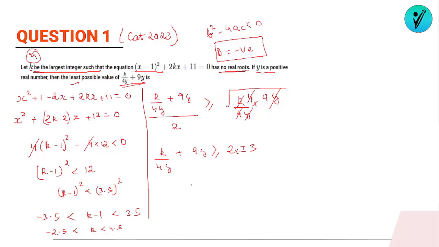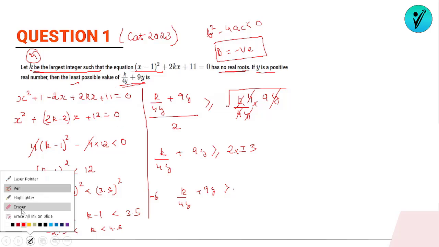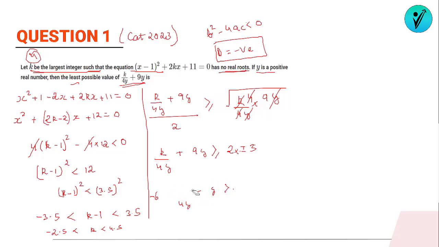So we can say that k upon 4y plus 9y will lie in the range of minus 6, it will be greater than that. Okay. So what we have to get is the least possible value. So for the least possible value, let's take it as a positive value itself.